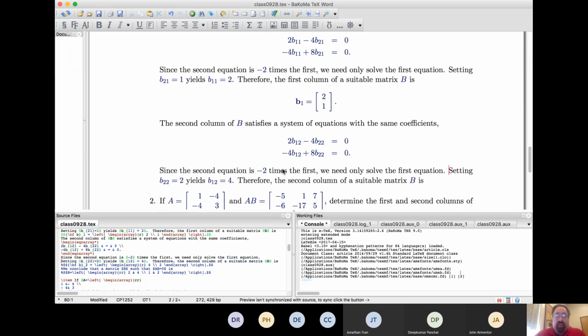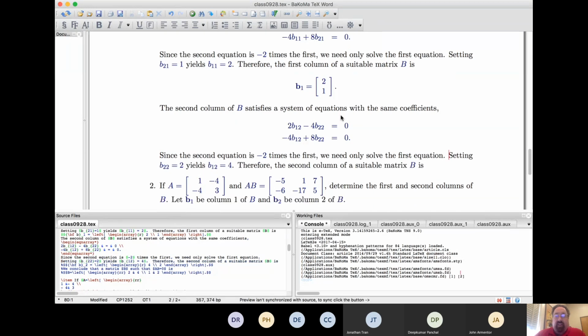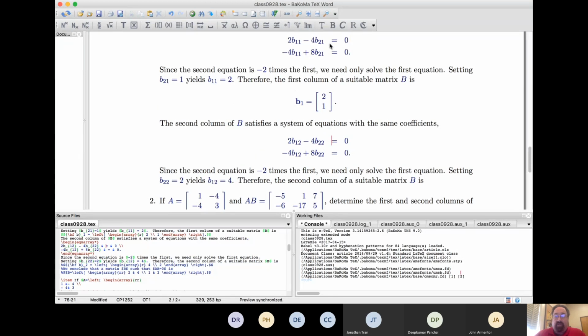So what I do is I just set, here's my free variable, B22, just as B21 was a free variable last time. Instead of setting it to 1, like last time, I'll just set it equal to 2. So then whatever I set this free variable equal to, this variable will be twice that.